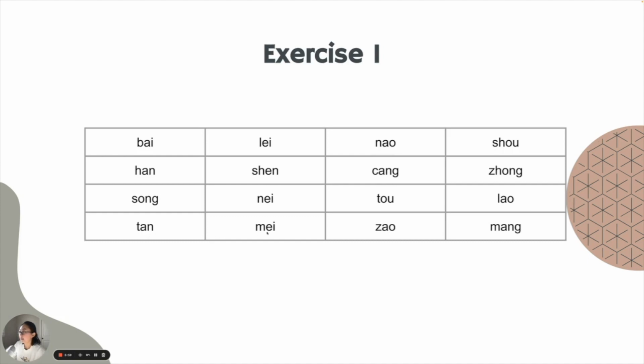And then next one, mei, 美 means pretty, beautiful, 美. And then zao, ao, and then z, so 早 means morning, 早. And then the last one, ang, and then you put m in front. So it's 忙. Second tone, 忙 means busy. So if you want to say I'm so busy, it's 我很忙.